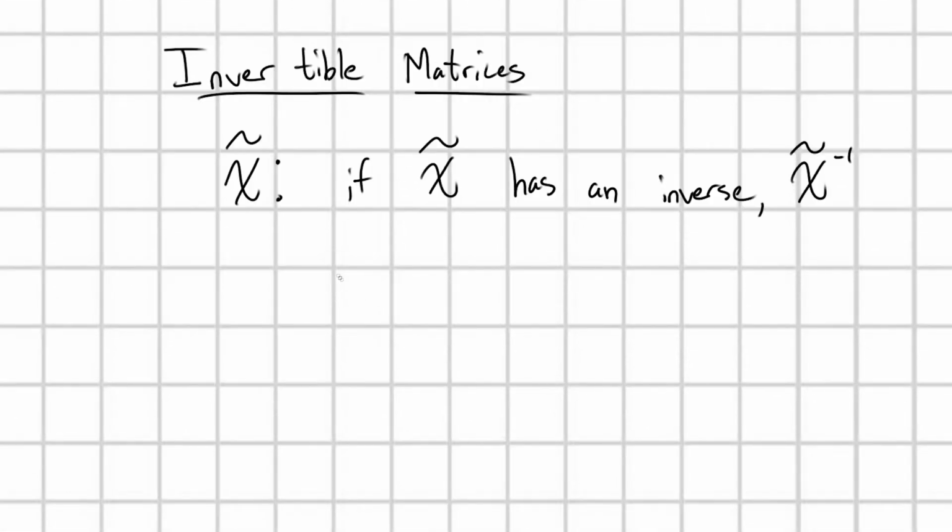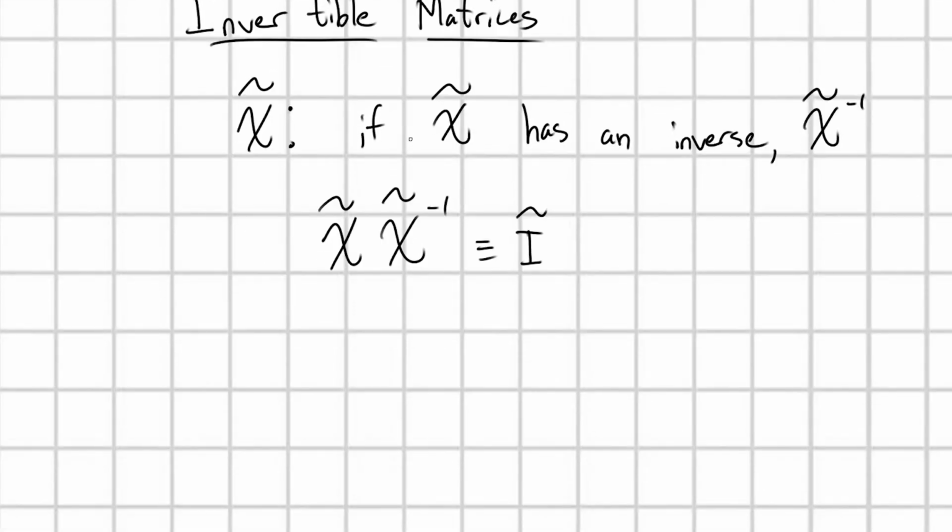This is defined as, if I take chi and multiply it by chi inverse, this gives me the identity matrix. Just like if I took a scalar a and multiplied it by 1 over a, this would give me 1. A times A inverse equals 1.